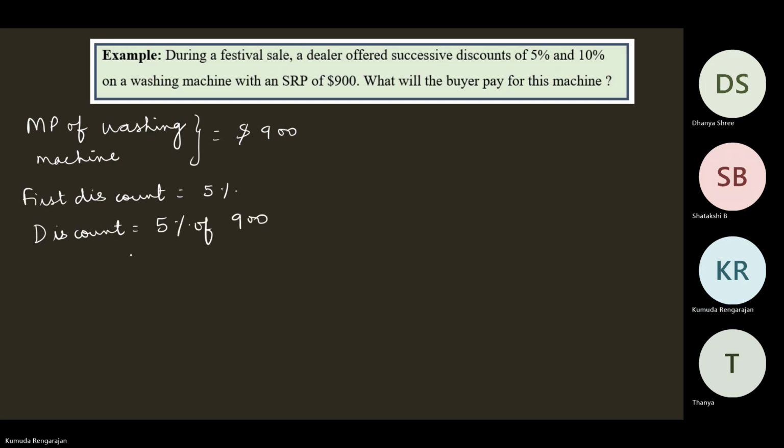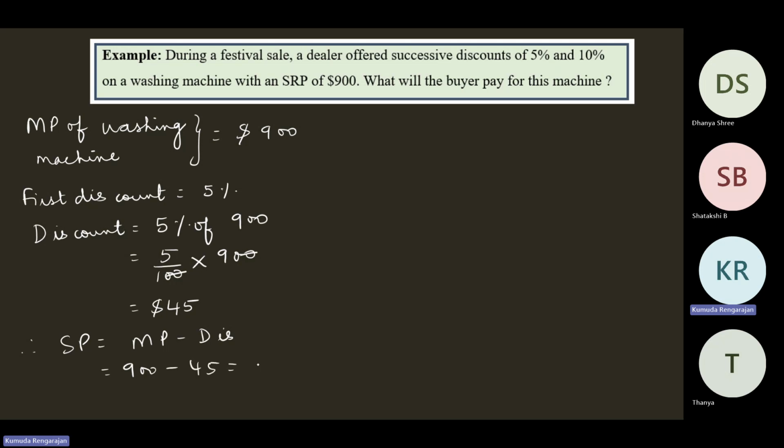So 5% means 5 by 100 into 900. Cancel the zeros, so it is $45. $45 is the discount. Therefore, selling price is equal to marked price minus discount, 900 minus 45, which is $855.